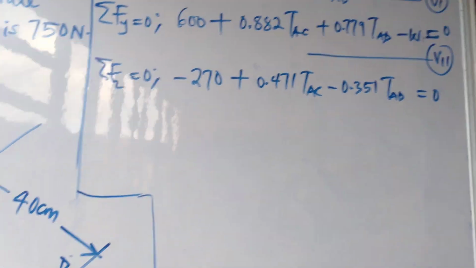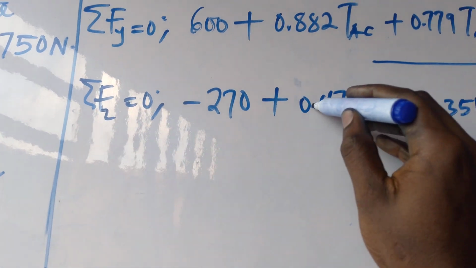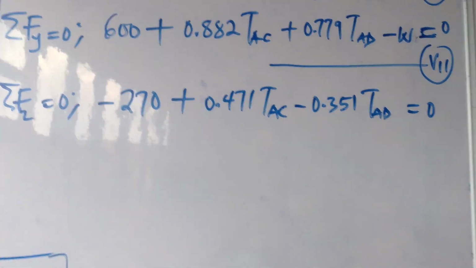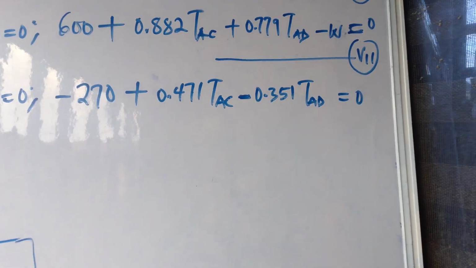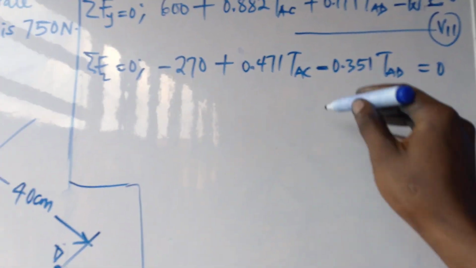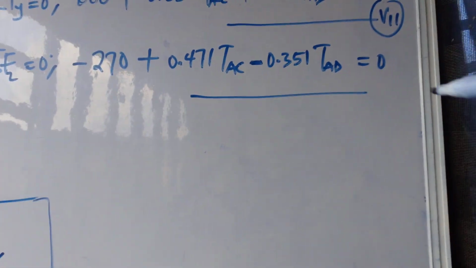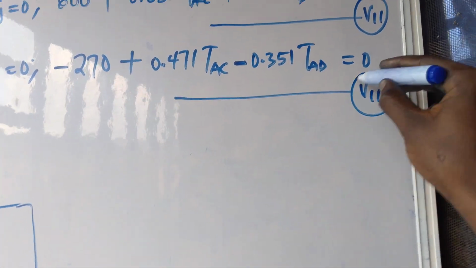Alright, so that's what I'll be having: 0.471 TAC minus 0.351 TAD equals 0. I can call this equation 8.